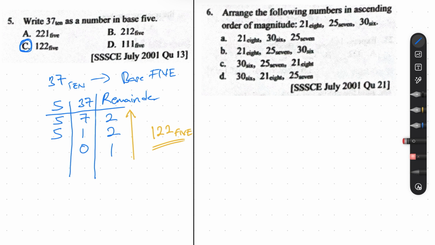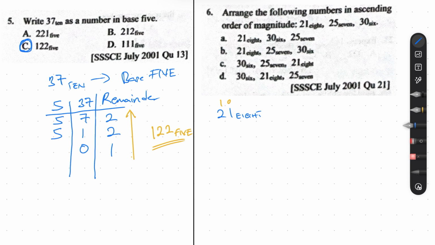Okay, so let's start with the first one, 21 base 8. So as we know, we have to count from 0 to 1. And then our base is 8. So 8 will be what we raise our powers to, right?